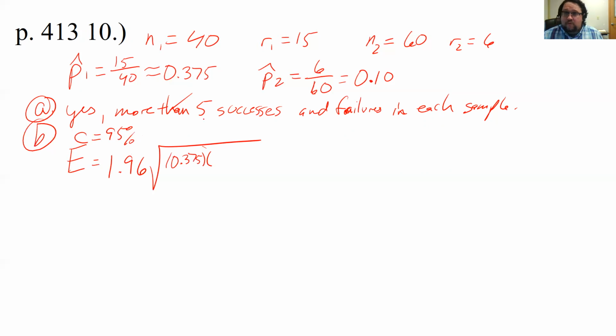And remember, to get that, you do 1 minus your probability of success. So what's that? 0.625, over your sample size, 40, plus the probability of success on the second one, 10%. Probability of failure would then be 90%, again, the complement, over your sample size, which would be 60. Do that calculation.